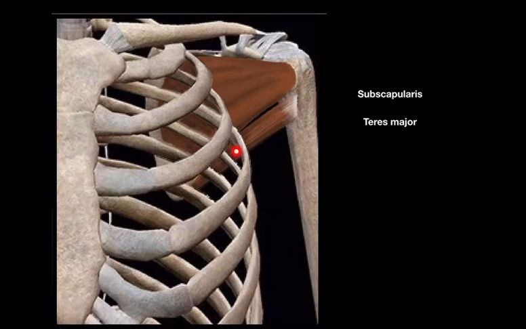You can see that when it contracts, it can pull the humerus towards the chest cavity. So that means adduction. Now, since its origin is posteriorly placed, it can bring the humerus posteriorly. That is extension. So, main action will be adduction and extension.